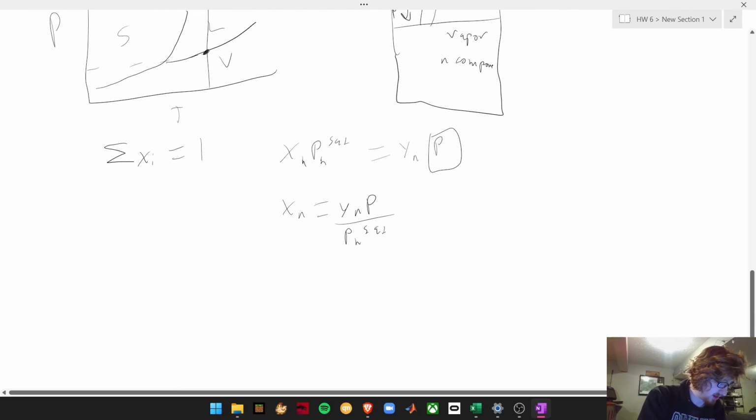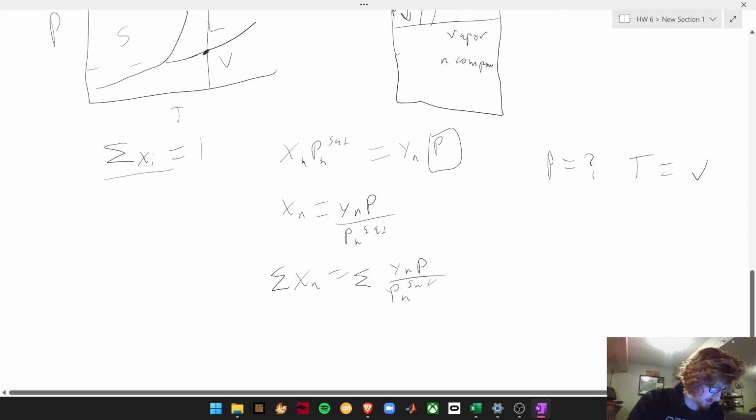And from there, plugging that into this equation, we can say that the sum of x_n is going to be equal to the sum of y_n times P over the saturation vapor pressures. And once again, we know the saturation vapor pressures because we know the temperature in this scenario. We don't know P, but we do know our temperature. So from here, we can also say that this is going to be equal to 1, going back to this fairly obvious equation.